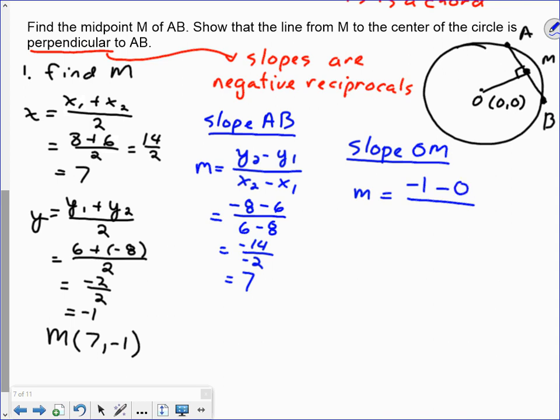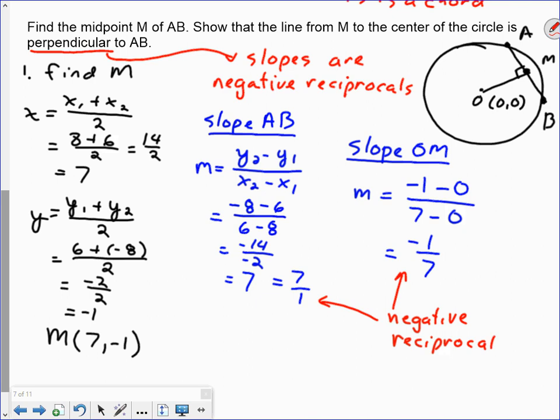Then we need the x from our midpoint, minus 0. Our slope here is going to be negative 1 over 7. So our slopes are negative 1 over 7 and 7 over 1. These are definitely negative reciprocals, because we have flipped the fractions and changed the sign from positive to negative.